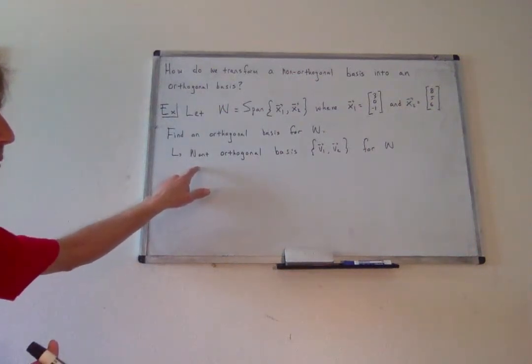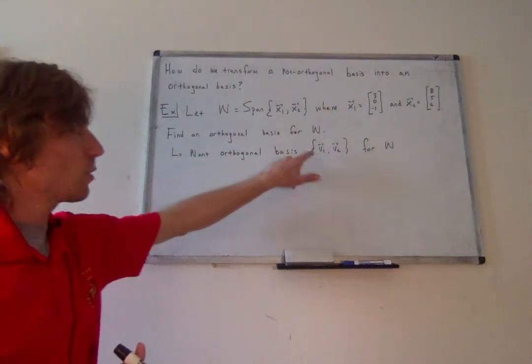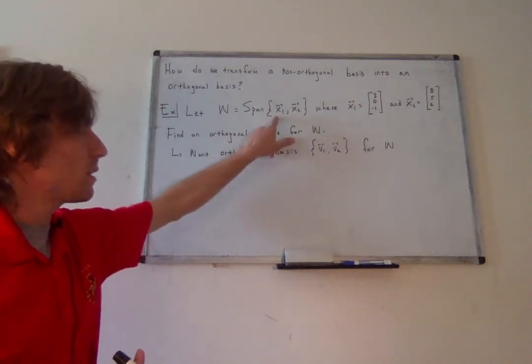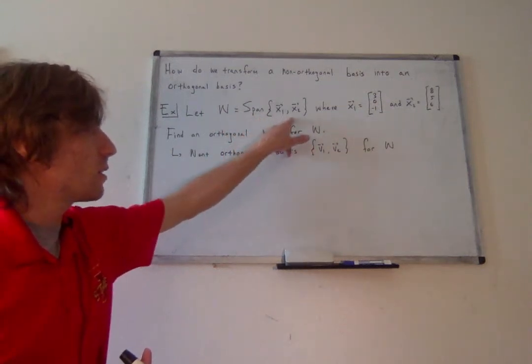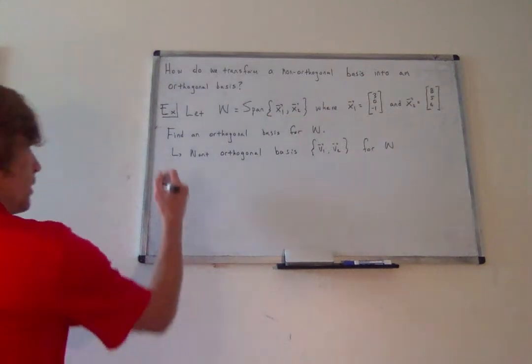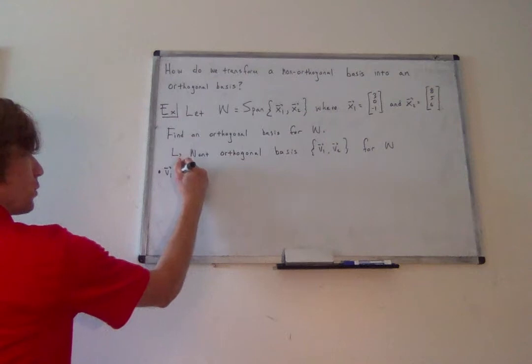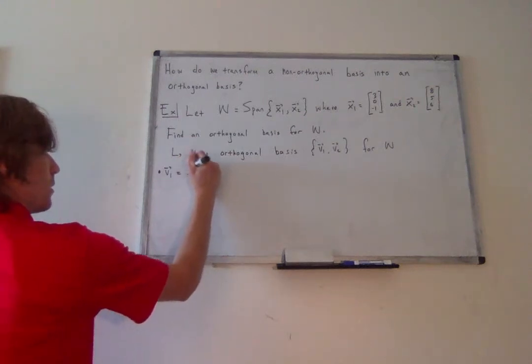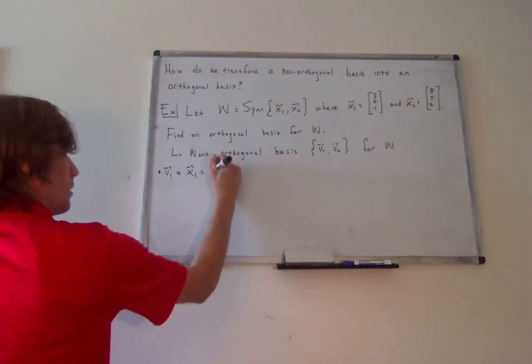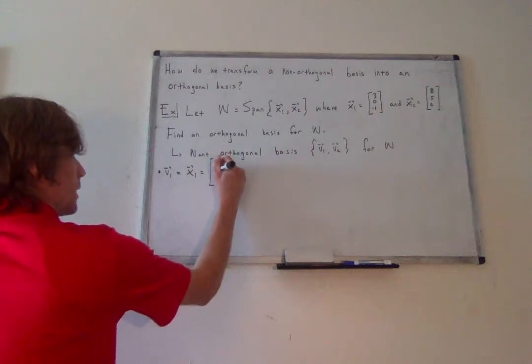So if I'm going to construct an orthogonal basis that spans the same set W as this original basis x1 and x2, it might actually make sense to just let the first vector in this basis be the first vector in the original basis, right?